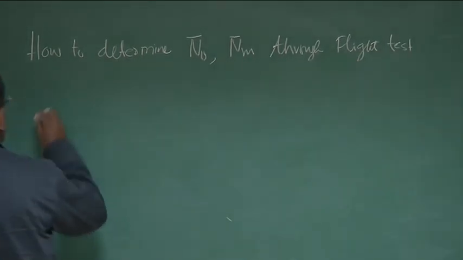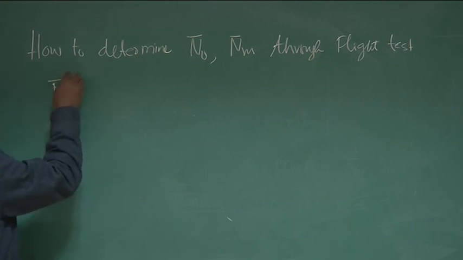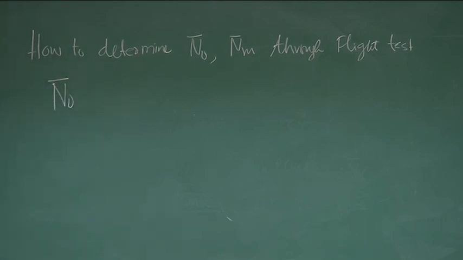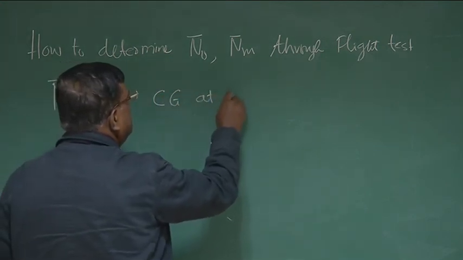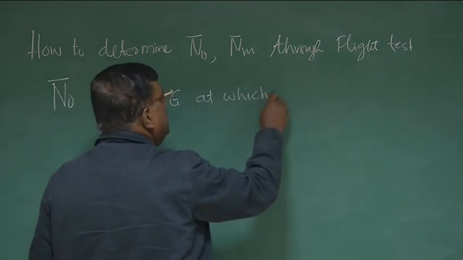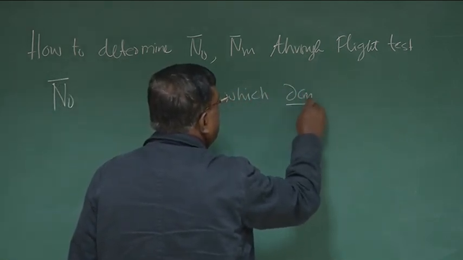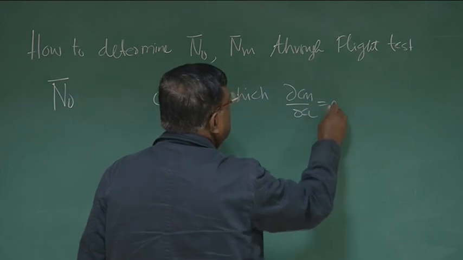Let us first talk about N naught bar, which is a stick fixed neutral point. How do you define a stick fixed neutral point? Define it as that CG location at which dCm by dCl is 0.